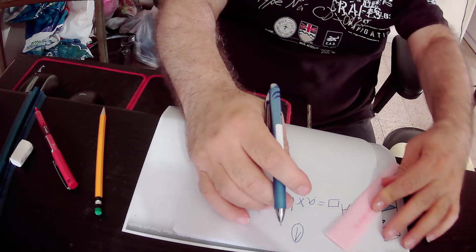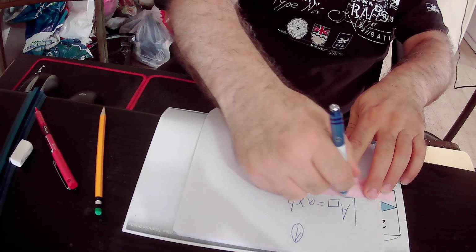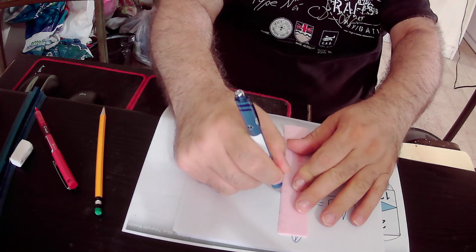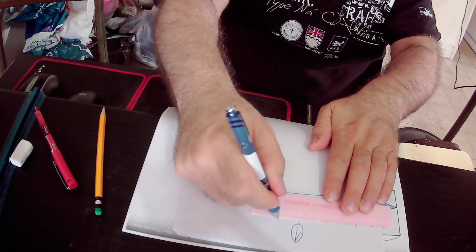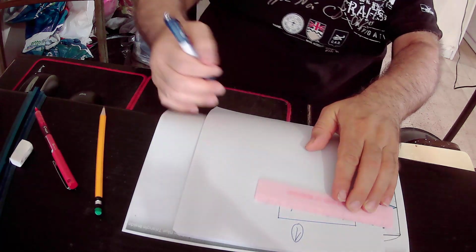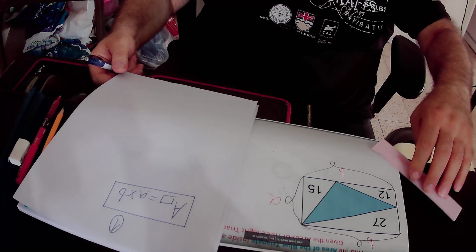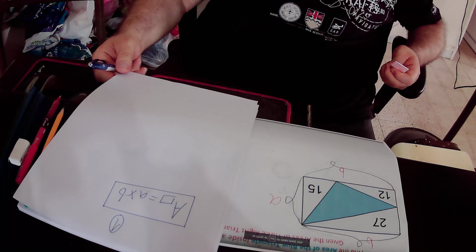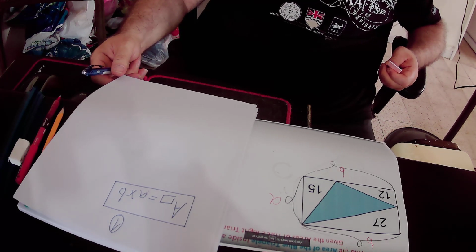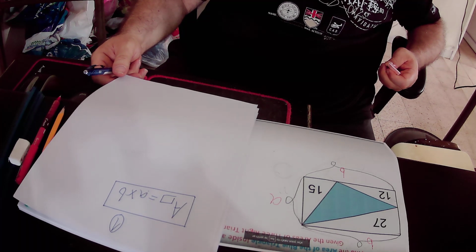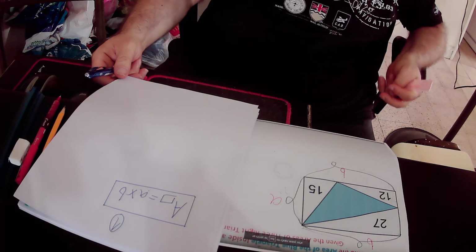So the area of this rectangle equals A times B. So the only thing that is missing is the value of A times B, and after we know the value of A times B, we will subtract from it the area of the three right triangles that are given to us.